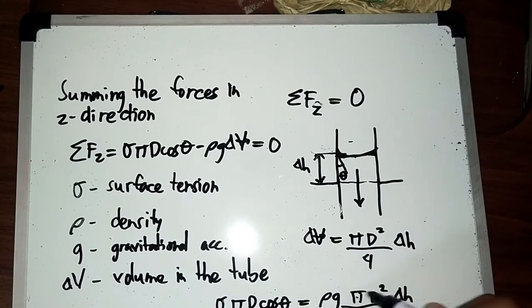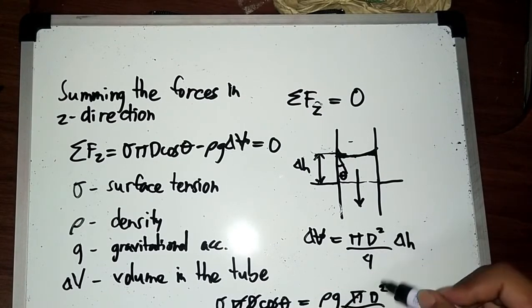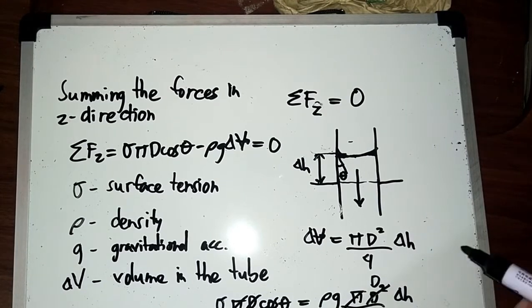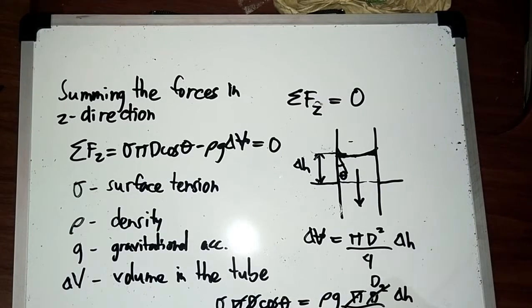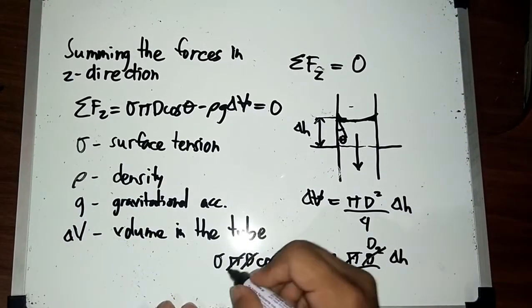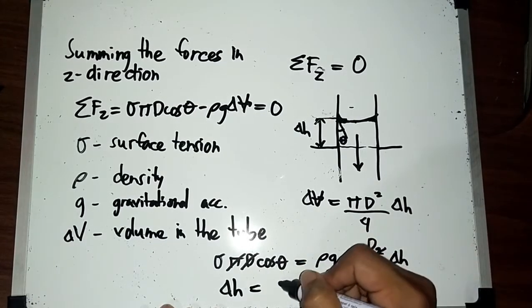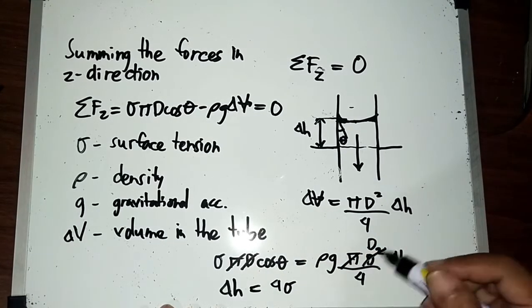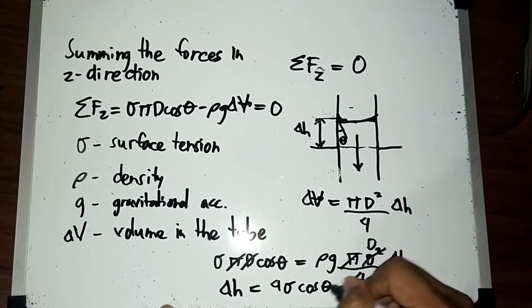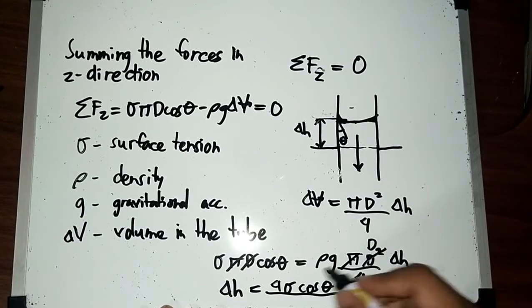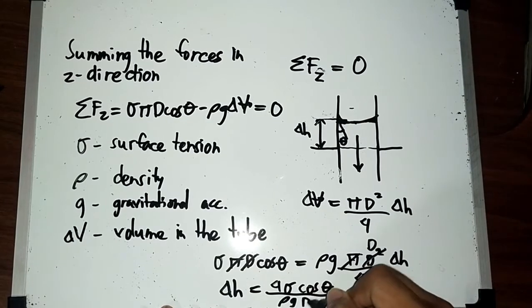So pi cancels, d squared cancels one d. Then we have the delta H. Okay, so delta H is equal to 4 sigma cosine theta divided by rho g d.